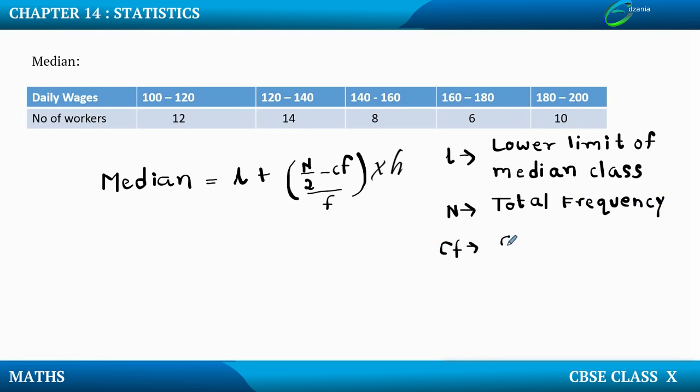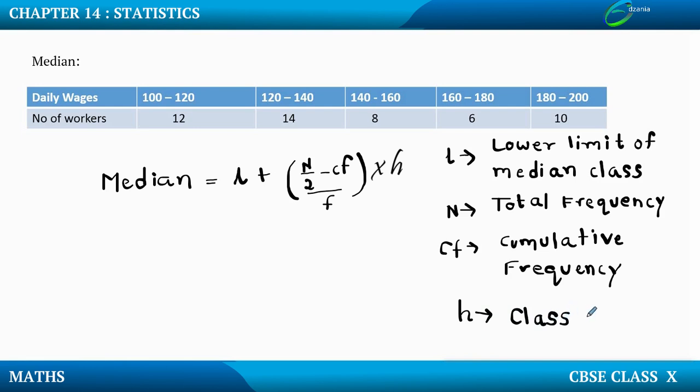Cf stands for cumulative frequency, also known as the added frequency, and we are already aware of this H. H means the class size. We have seen this in mean as well. H stands for class size.